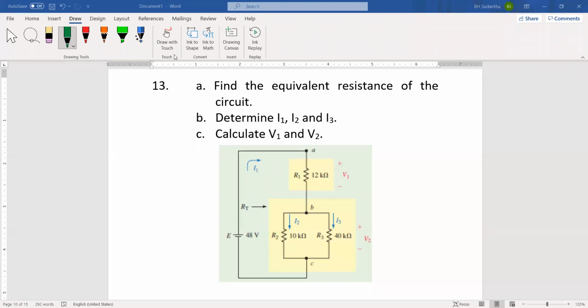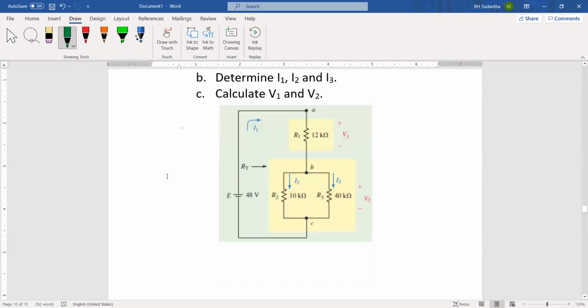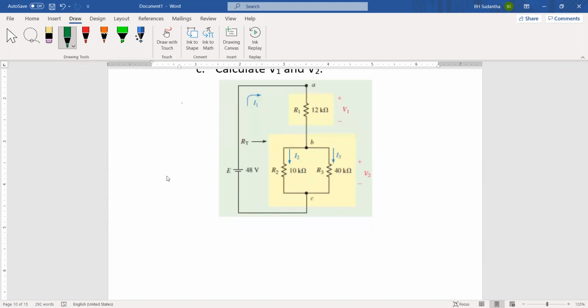Okay, how can we find the answers for this one? We have to find the equivalent resistance of the circuit. Here the equivalent resistance of this circuit is R_EQ, which is R1 plus R2 and R3 in parallel.